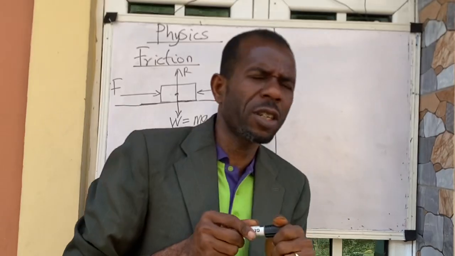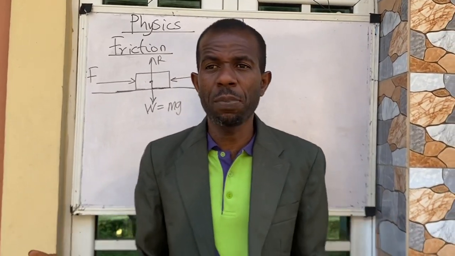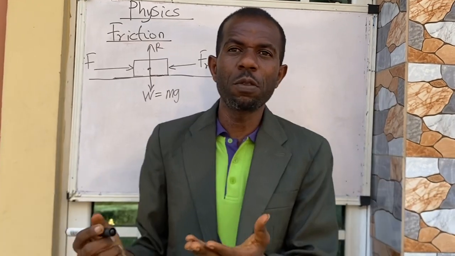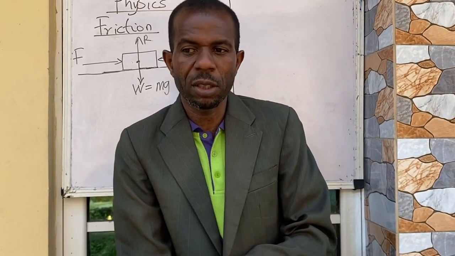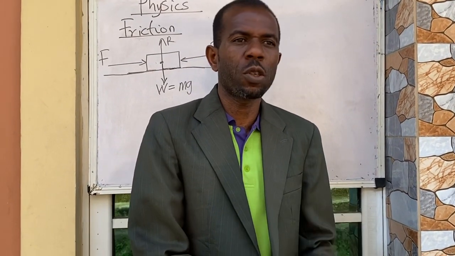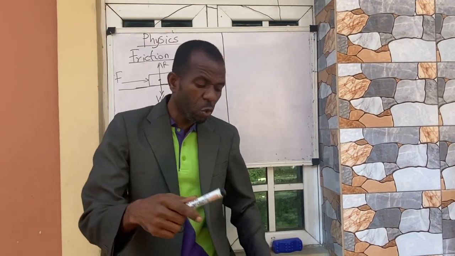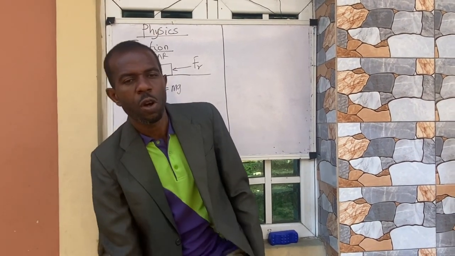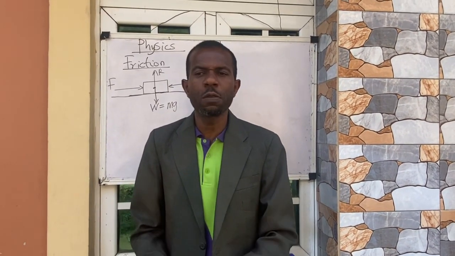So friction, we are talking about, exists in our various applications. For example, when you look at the car moving, the tire of a car and the ground. If there is no friction, the car cannot hold a brake and the car cannot stop. Even you as a human being, when you are moving, without friction between the sole of your foot and the floor, you can't stand or even move.